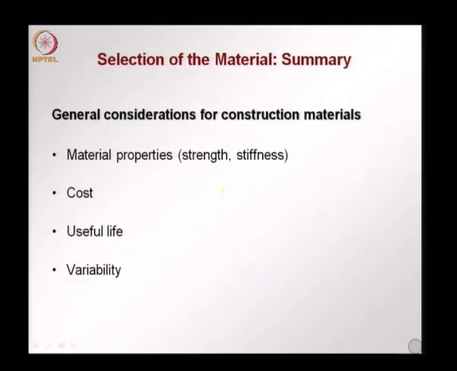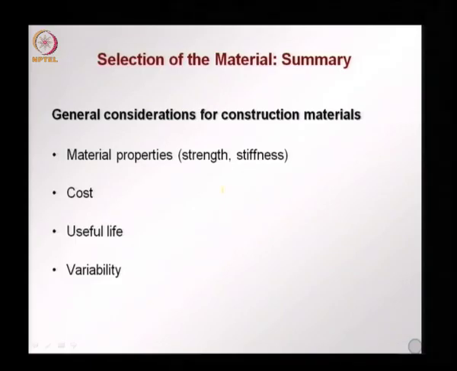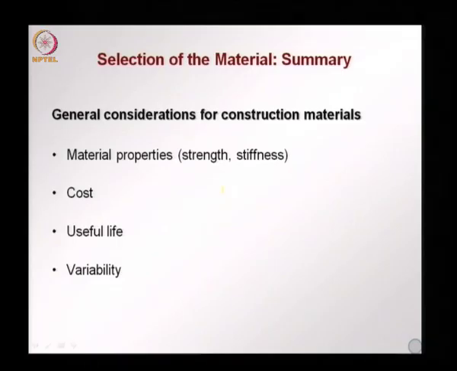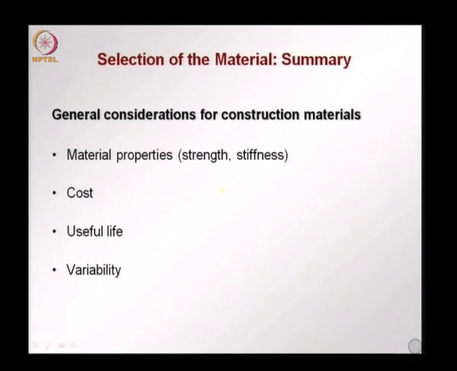When we have different materials or the same material with different variability in its properties, the characteristic values that we will use for each of them is different, because the characteristic value depends not only on the mean value but also on the standard deviation. Higher the standard deviation, lower will be the characteristic value that we will use in design. So, that is where variability comes in.